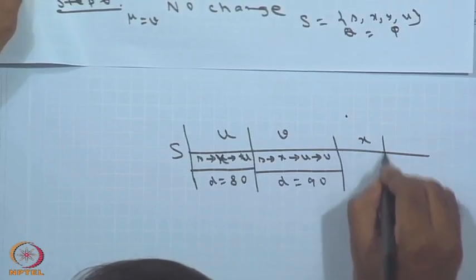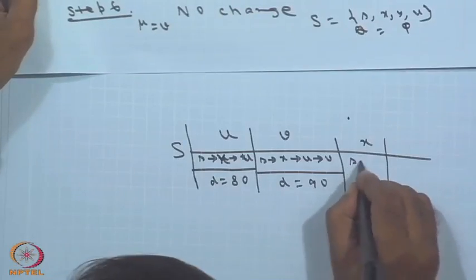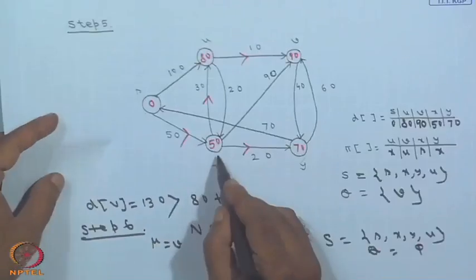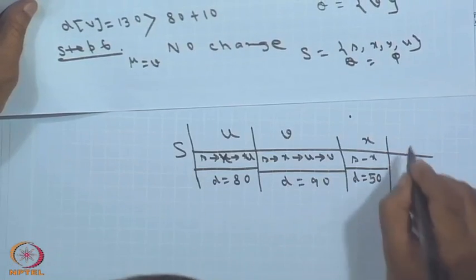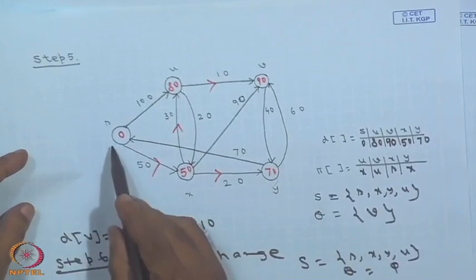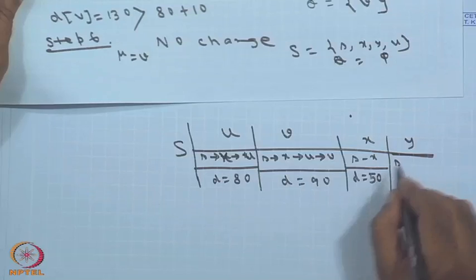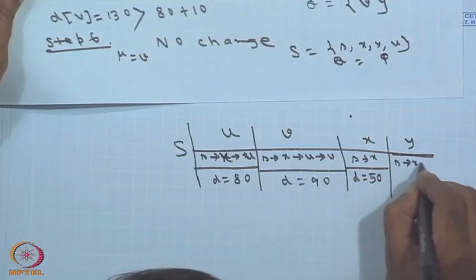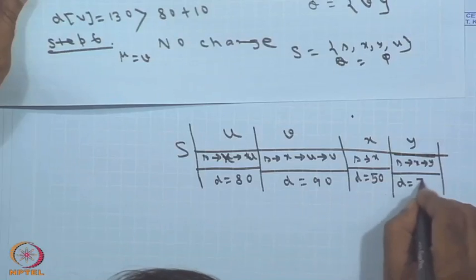For x, if I want to move, there is only one case, that is S to x, and the distance is 50. And for y, if I want to move to y, S to x, x to y, and the minimum value is 70. So, I am moving from S to x, x to y, and your d is equal to 70.